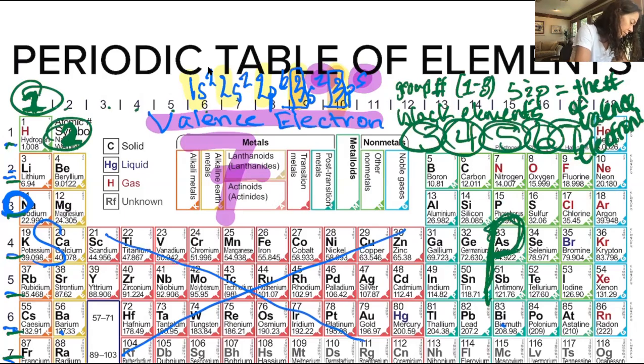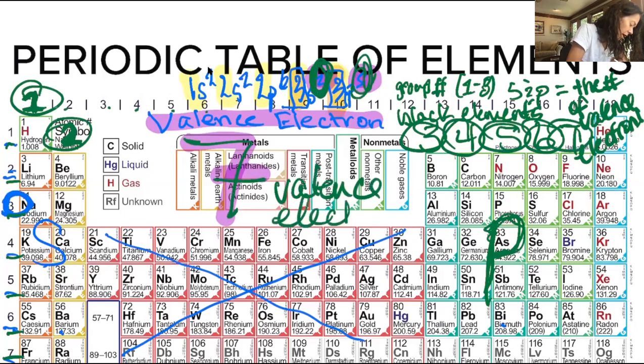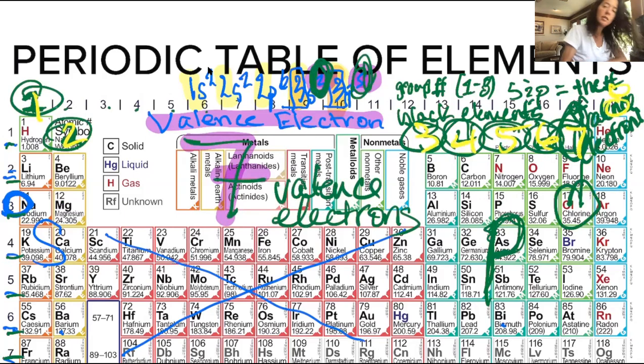Okay, so notice that chlorine has 2 plus 5, 7 valence electrons. So we should expect to find him in the 7th group. And in fact, he's right here in group number 7, right? 1, 2, 3, 4, 5, 6, 7, and 8.